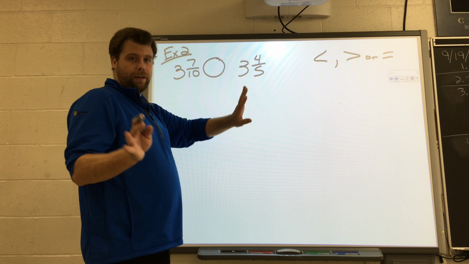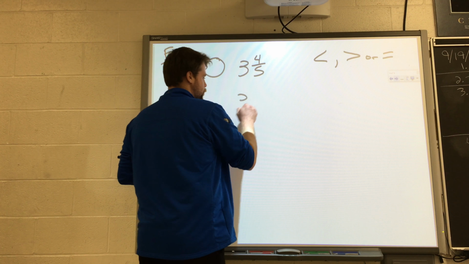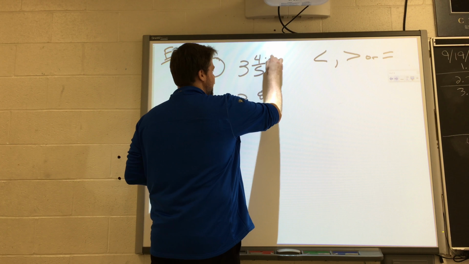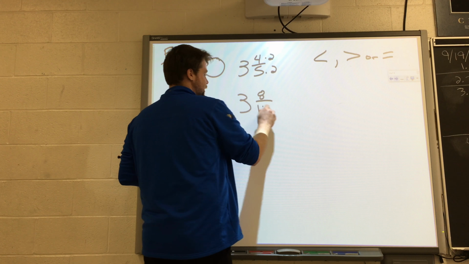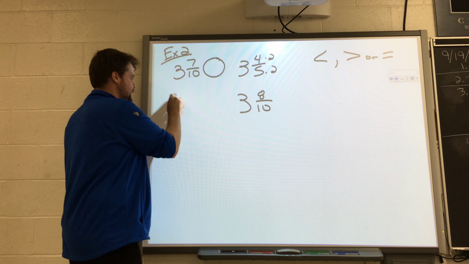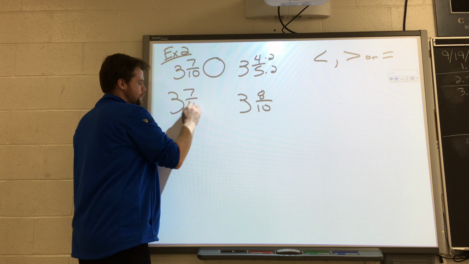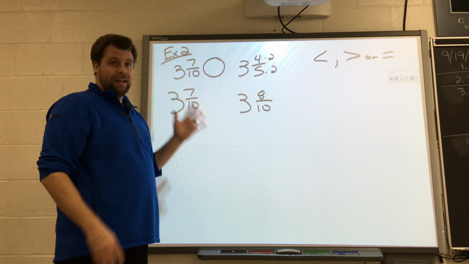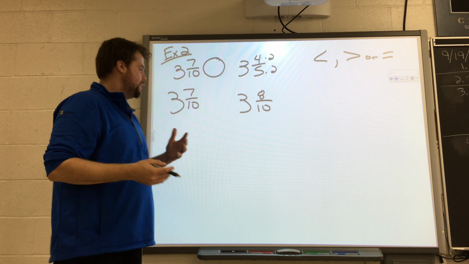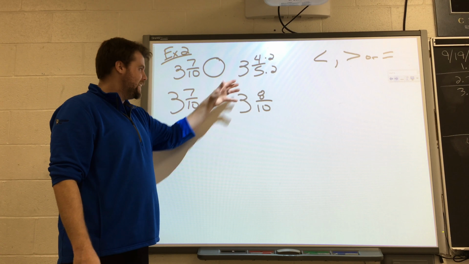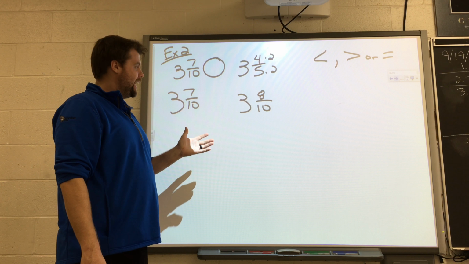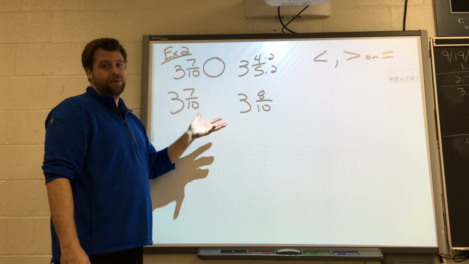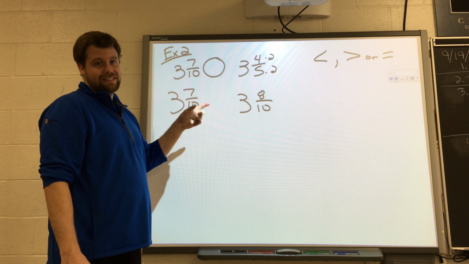So 3 and 4/5 is the same thing as 3 and 8/10. And then 3 and 7/10, just leave that as is. If I'm looking at this, they are both in between 3 and 4, so it's pretty simple: 7/10 and 8/10. Well, 8/10 is a bigger value, so 7/10 is less than that.